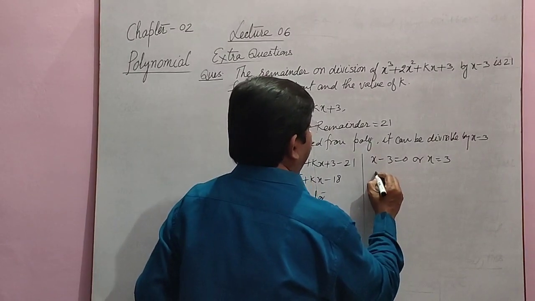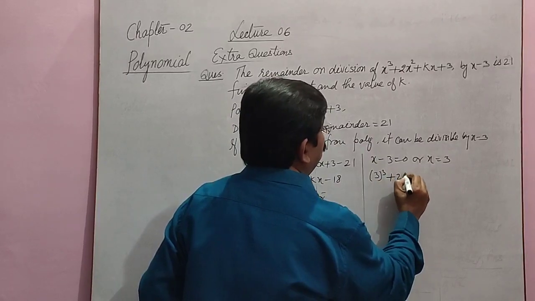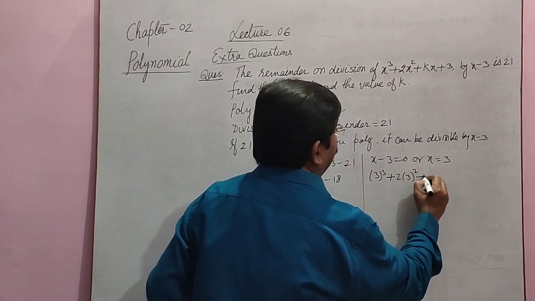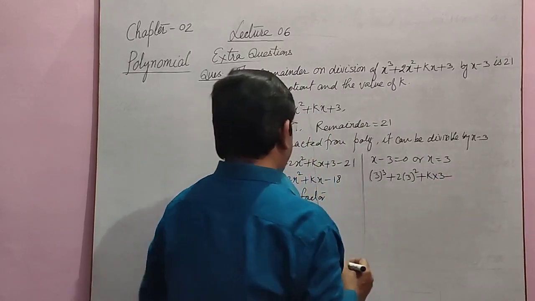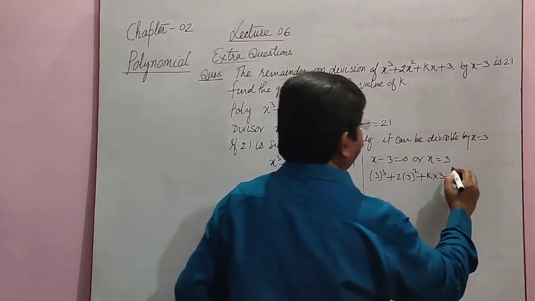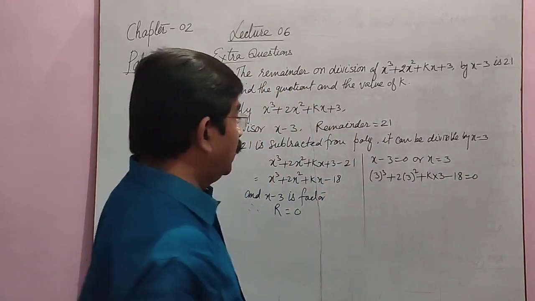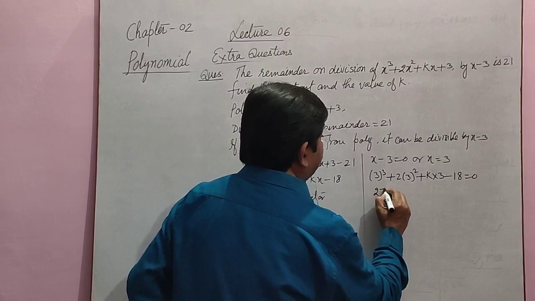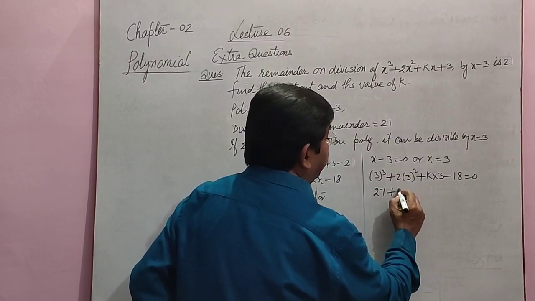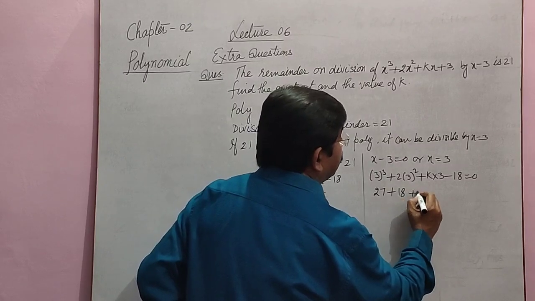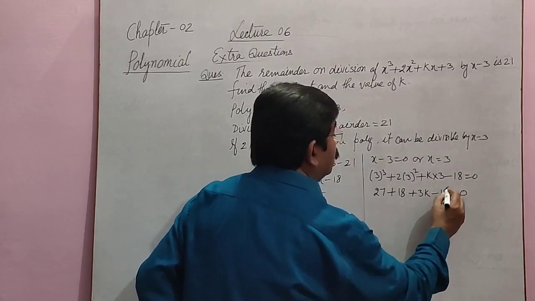So let's see, 3 cube plus 2 into 3 square plus k into 3 minus 18 is equal to 0. Let's see, this is 27 plus 3 square means 9, 2 nines are 18, plus 3k minus 18 is equal to 0.